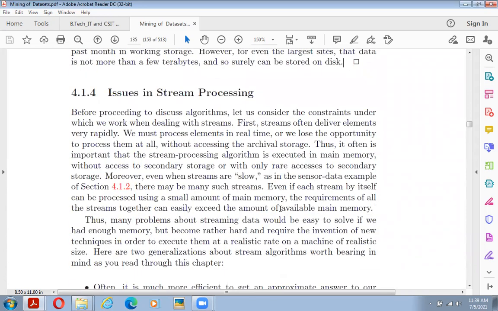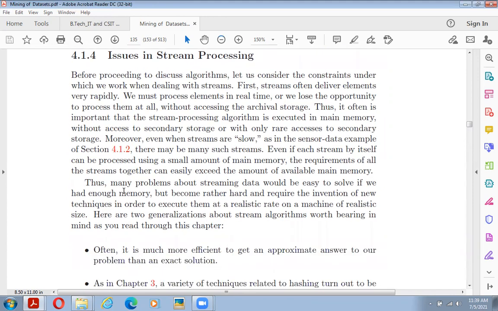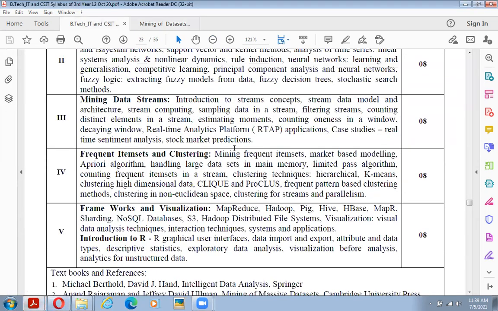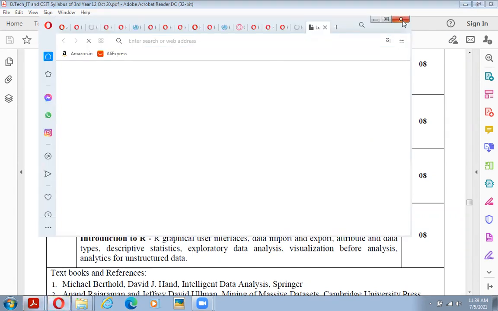We understand that this is a complex phenomenon, but these are really the issues in stream processing. Before that, let's have an understanding of the core steps. The first course is the introduction to stream concepts, stream data model, and architecture.